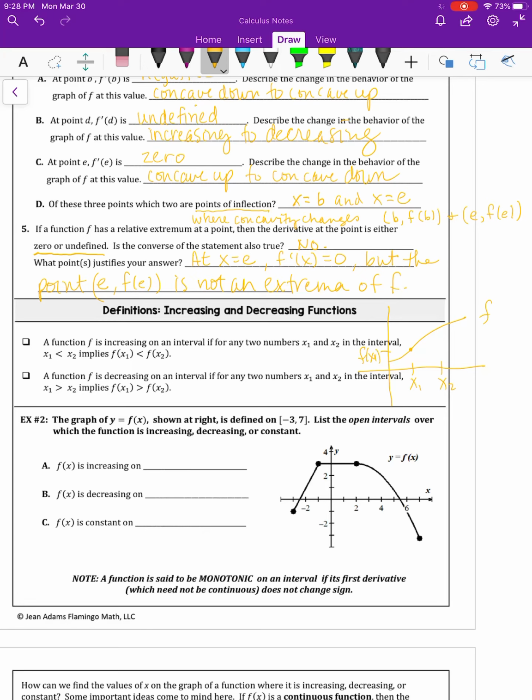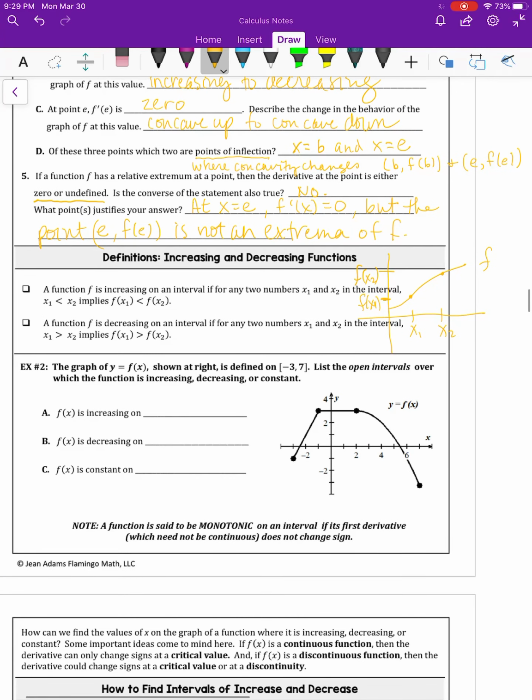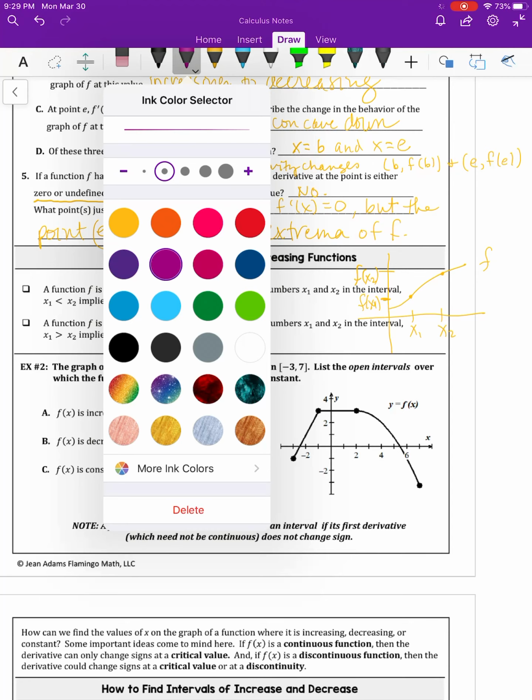Here's my x1. It has to be less than x2, so you have to have x1 and then x2. Then if your f of x1 is less than your f of x2, and it is here at my f of x1 and then my f of x2, then I have an increasing interval.